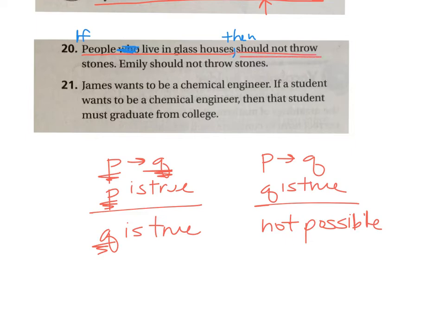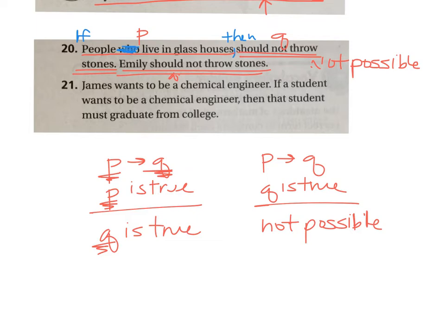So this is your conclusion, and they gave you back the conclusion. So this is if P then Q, and they told you Q was true. You need to say for this one, not possible. Emily shouldn't throw stones because she might hurt someone, right? It's not just because people live in glass houses. So that one would be not possible.